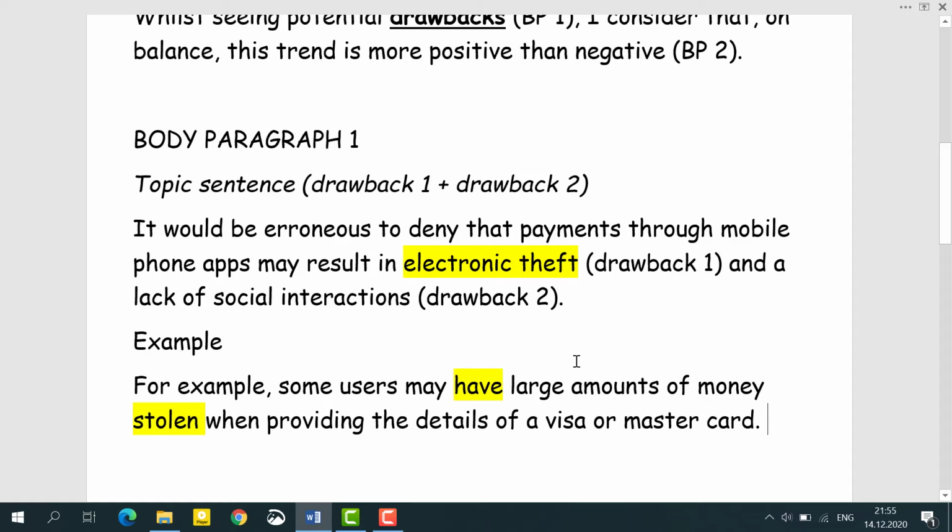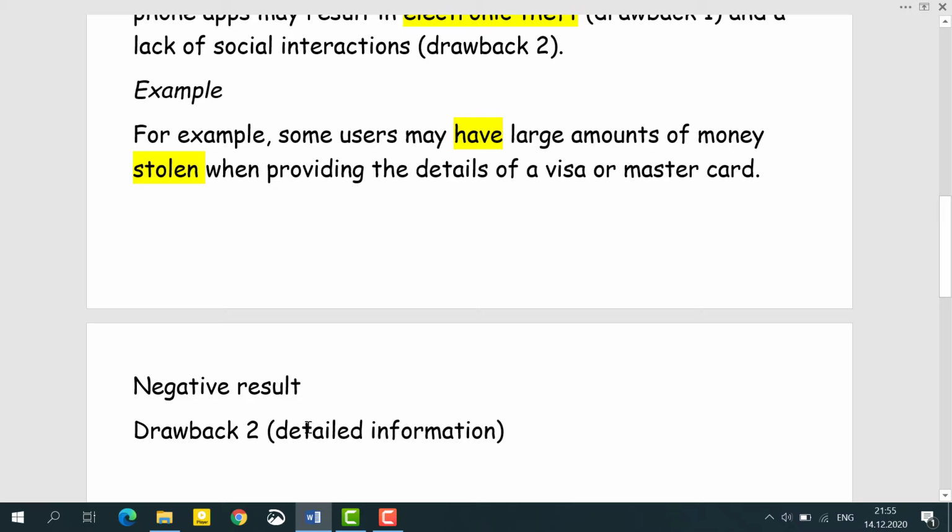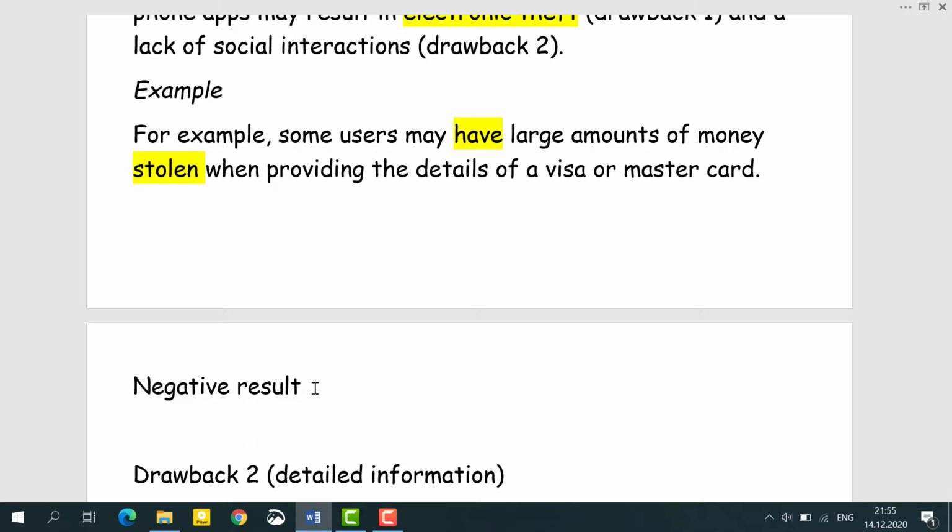Next, so here we've written one example. What's the next step? The next step is to talk about the negative result of this action.